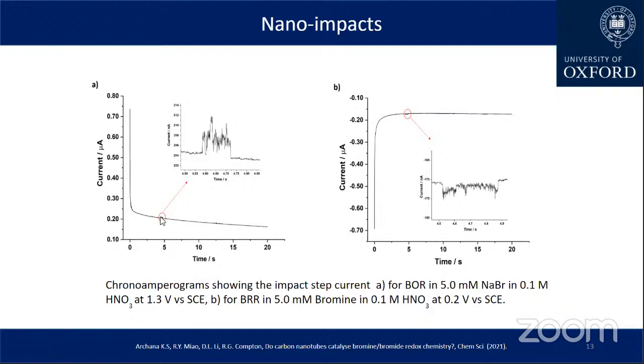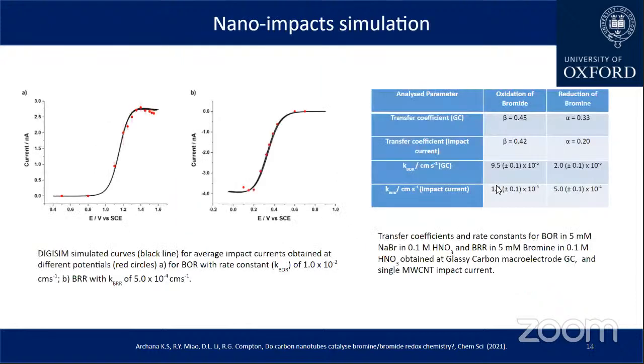So here we can see that the oxidation impact is observed for the carbon nanotube, like a single carbon nanotube. And similarly, we also did the same study for the reduction reaction at an applied potential of 0.2 volts. And we studied the reduction nano impact signals. So what we do is we do these experiments at different applied potentials over a range.